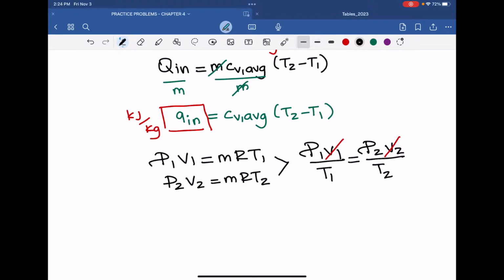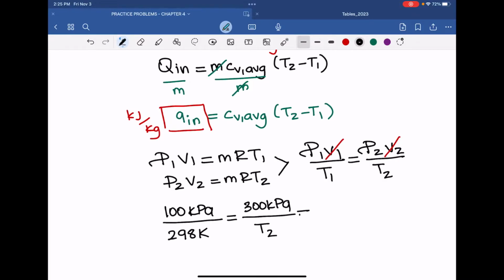So P1 is, T1 is, P2 is, and T2 is something we try to find. Very good, we found it.